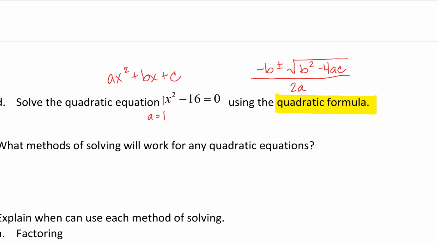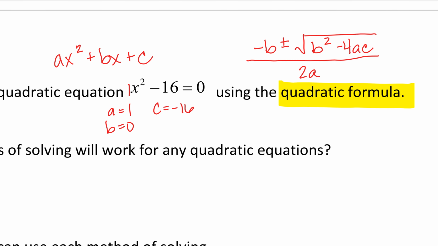We don't have a b. There is no x for us to look at. If we don't have a b, we use 0. And our c is a -16. So those are all the numbers that we're going to use to plug into our equation. So it asks -b.